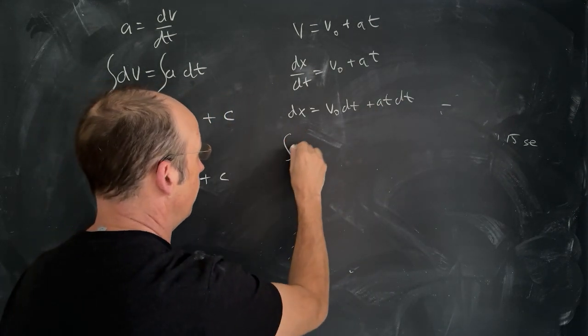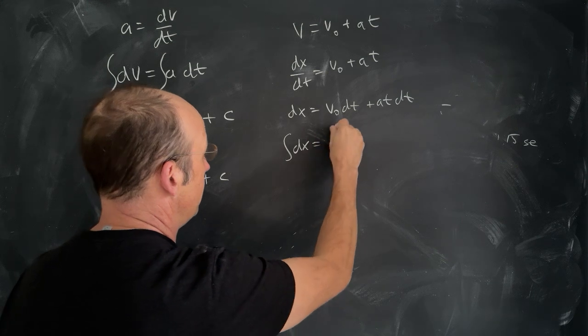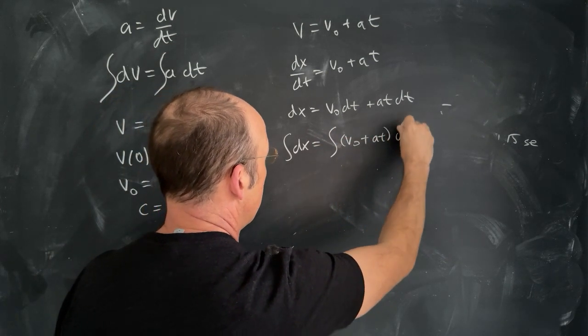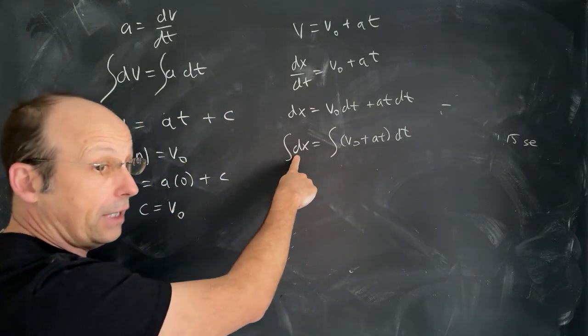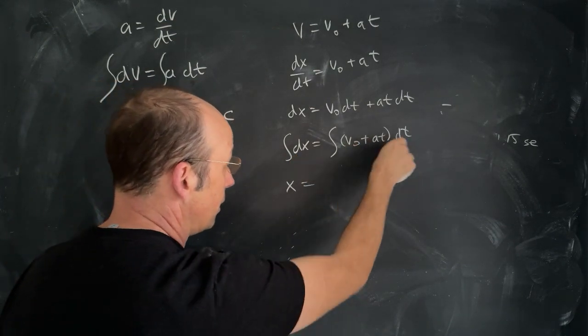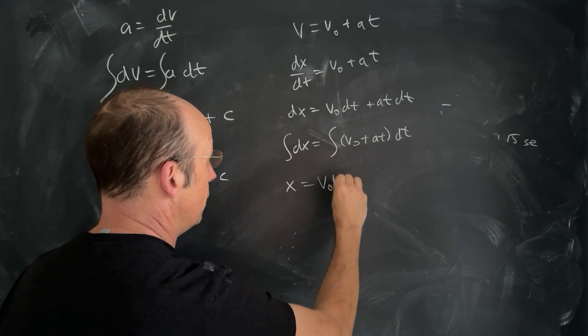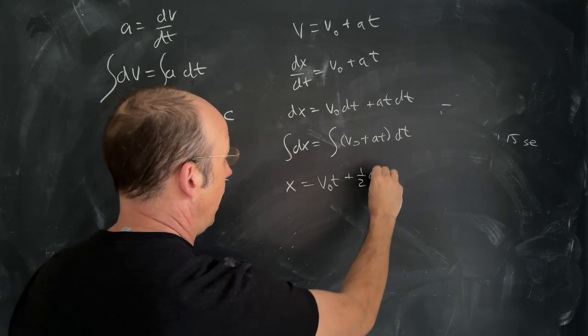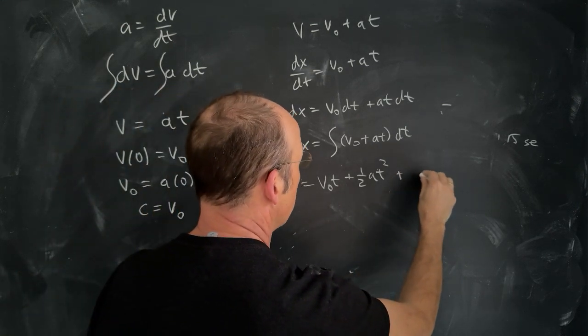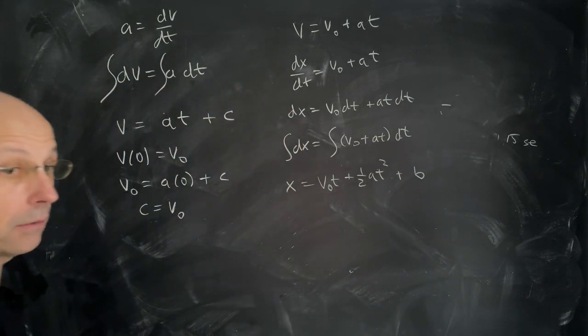The integral of dx is just x, and the integral of the right side gives v0t plus 1/2 a t squared using the power rule, plus another constant, which I'll call b.